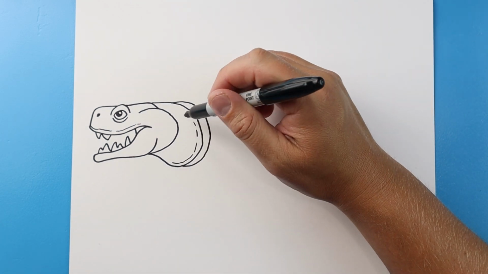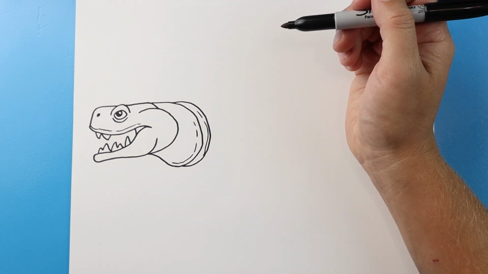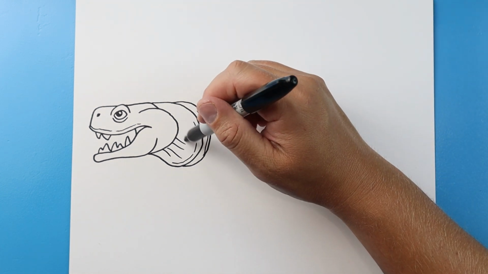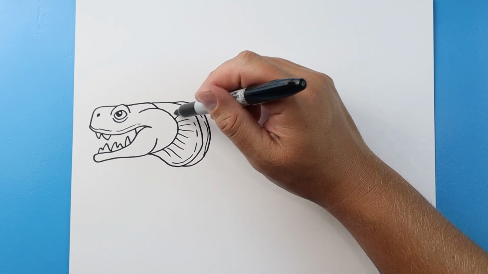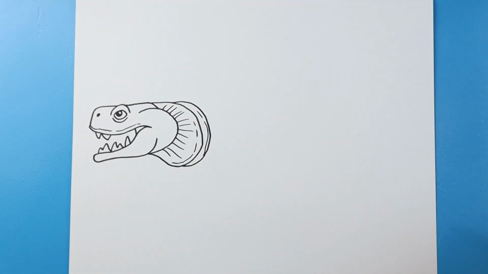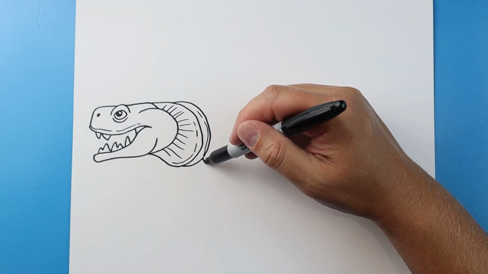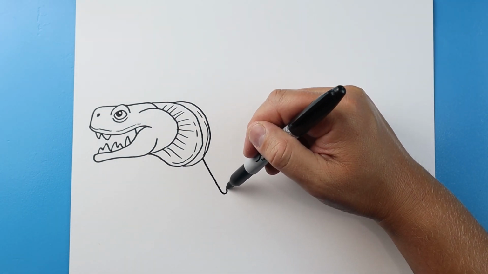I'm going to do a little broken line here and one here. And then let's make some different size lines all the way around here. For the fin, let's draw a line that's going to come down and then up.